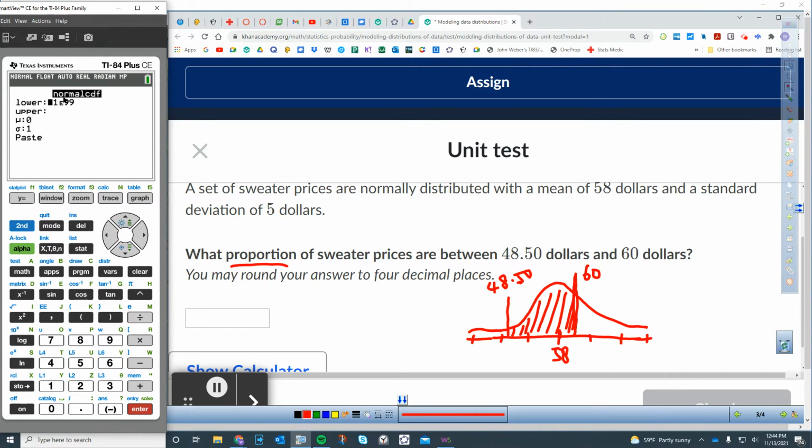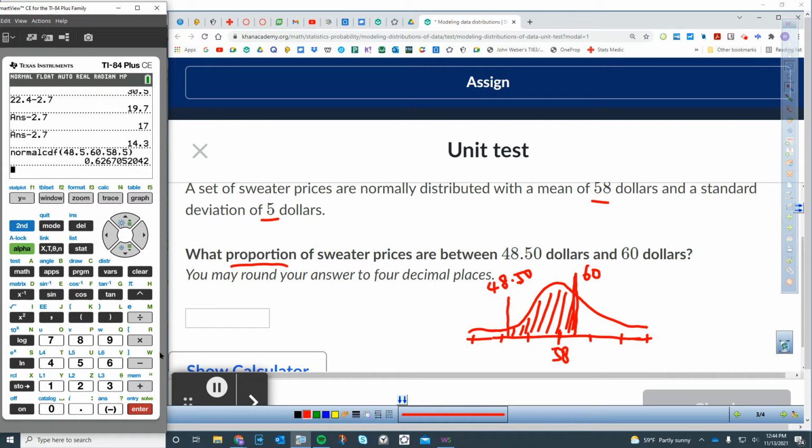We can use this function to help find proportion, percentage, or probability. So here, the lower is this line, which is 48.5, and the upper is 60, right? And the mean is 58 with the standard deviation of 5.